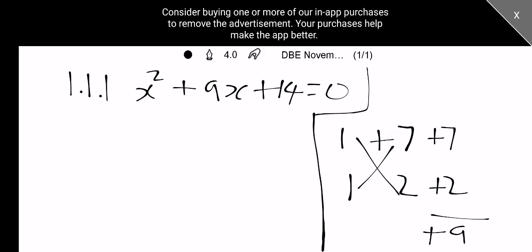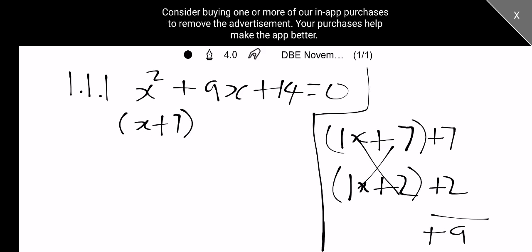Then that is where we're going to put our x's. These are our two factors: x plus 7, x plus 2 equals 0.